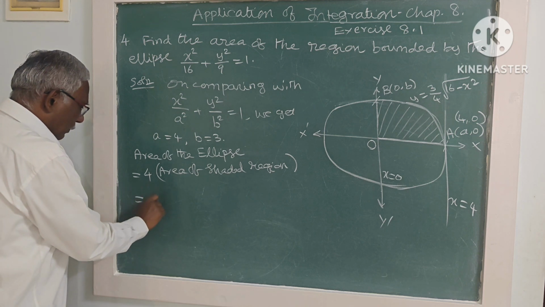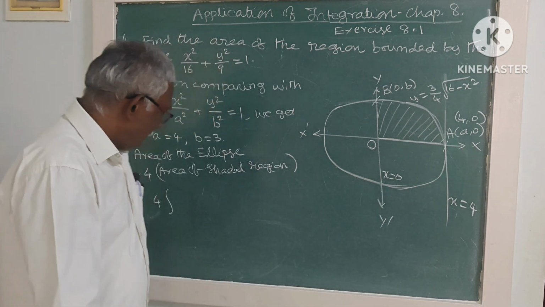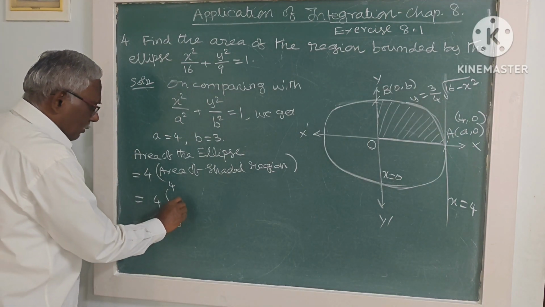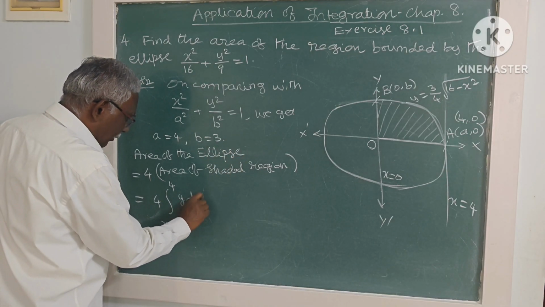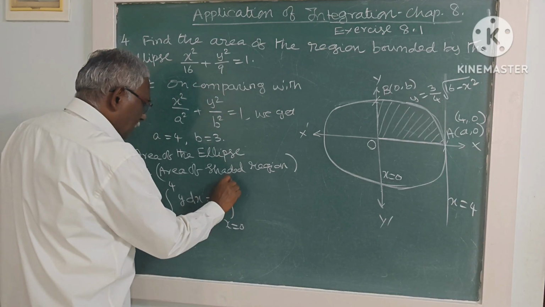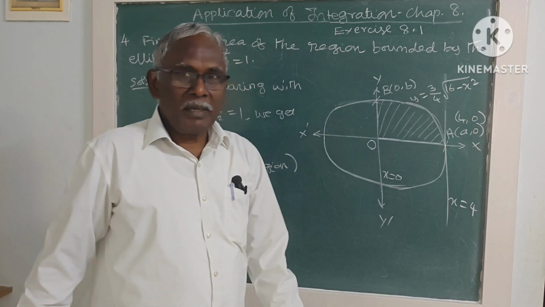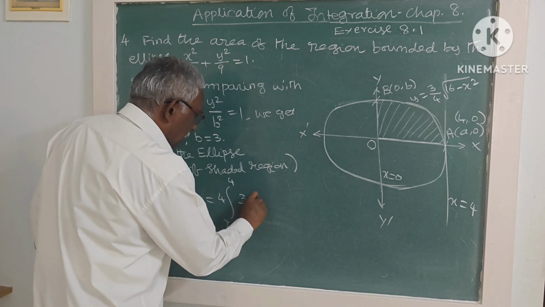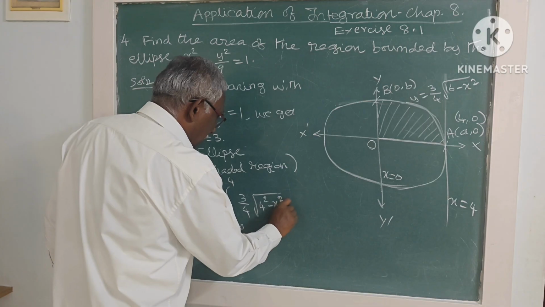So this is equal to 4 times the integral, where x varies from 0 to 4, of y dx. So 4 times the integral from 0 to 4, where y is equal to 3 by 4 times square root of 16 minus x squared, so 3 by 4 square root of 4 squared minus x squared dx.